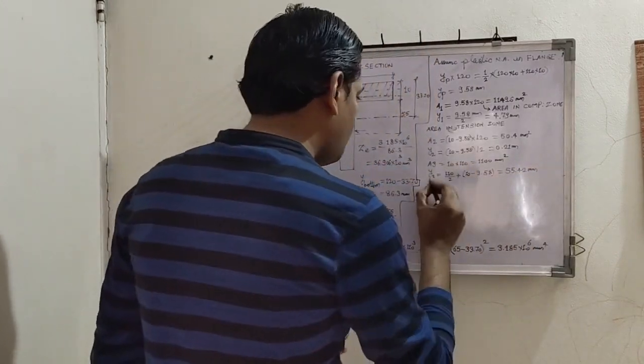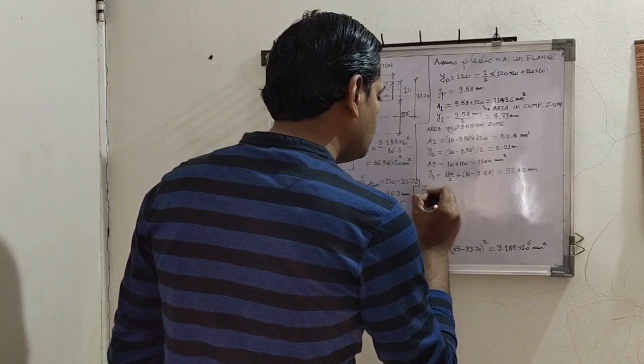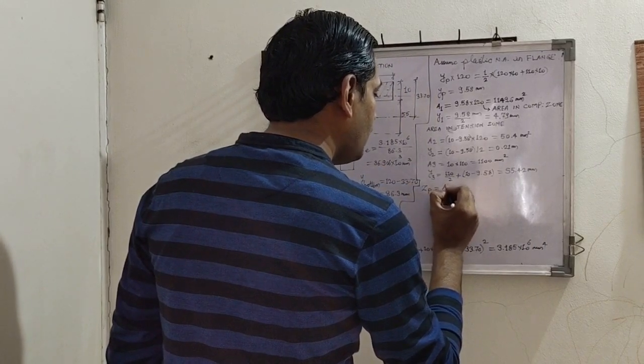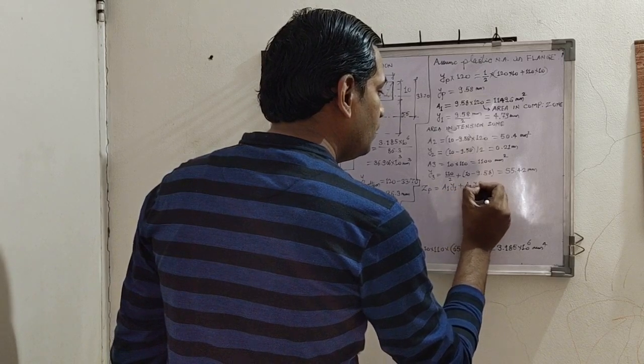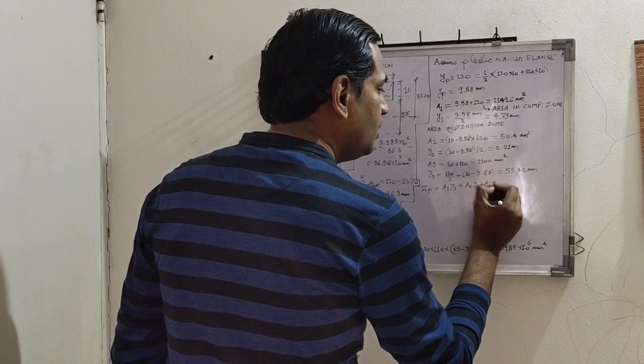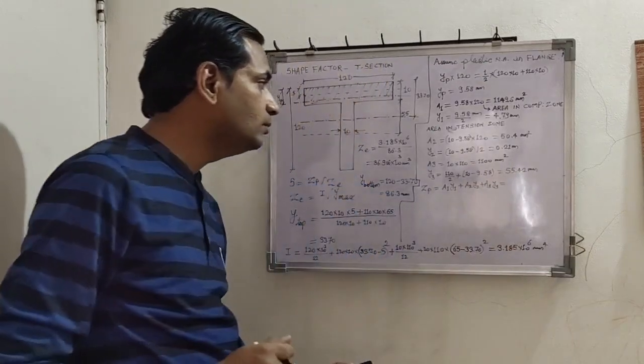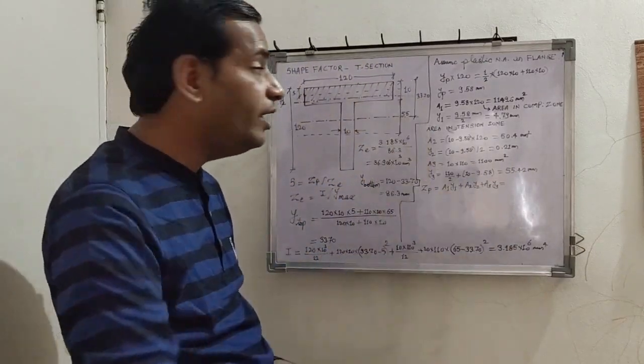So our ZP is nothing but A1Y1 plus A2Y2 plus A3Y3. We have got all the values.